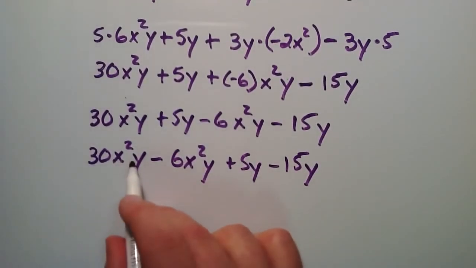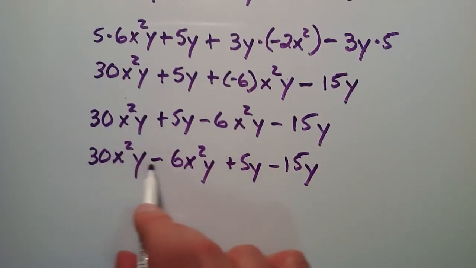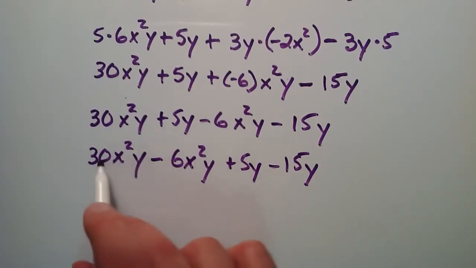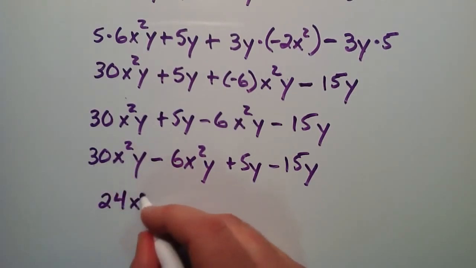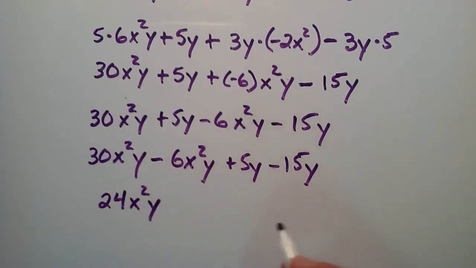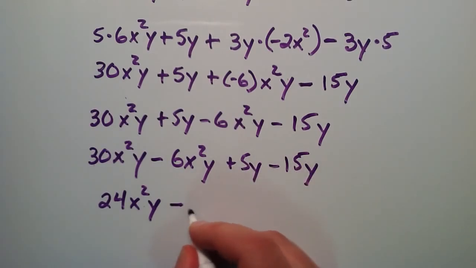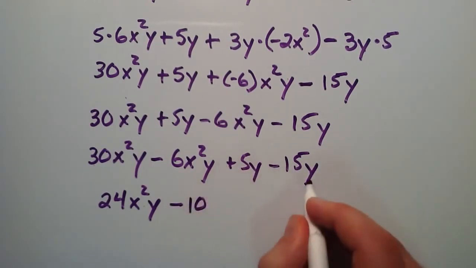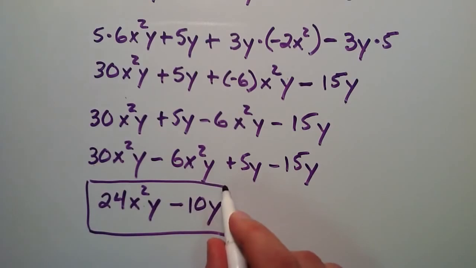So we have an x squared y and an x squared y, so we can simply add, or in this case subtract, the coefficients. 30 minus 6 is 24. And then they're both x squared y, so we just write x squared y. And then we have a 5y minus a 15y. 5 minus 15 is minus 10, and we write down the y. So this right here is our simplified expression.